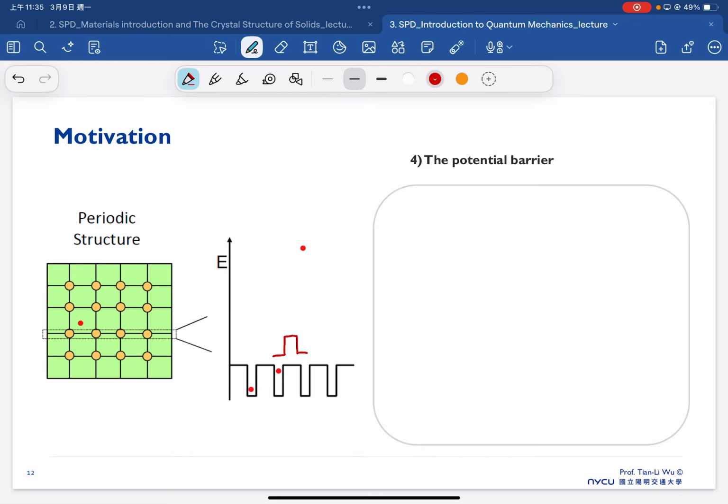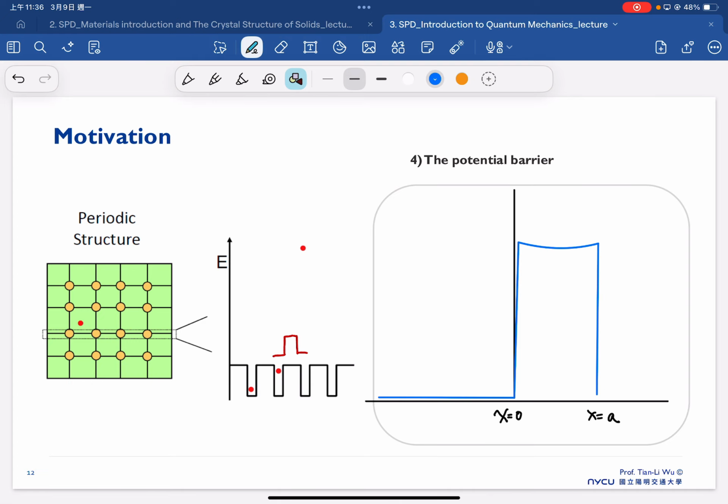Then the last case that we are interested in solving is still the same. We are at x equal to 0, x equal to a, and there is a potential barrier here.